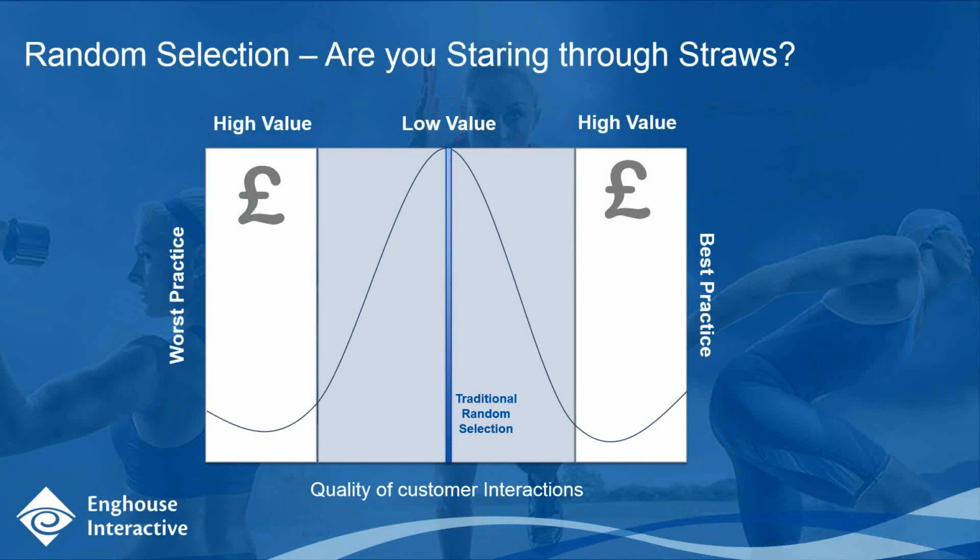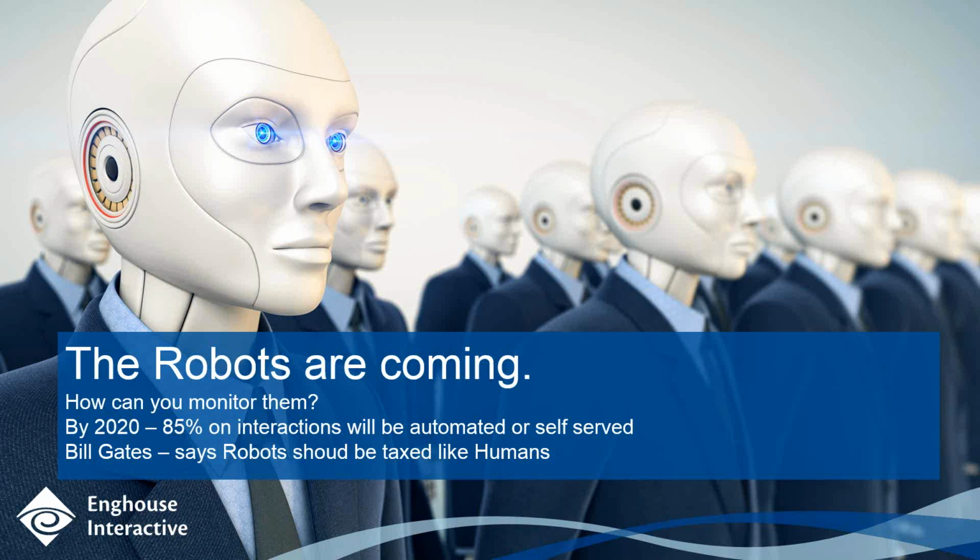One of the other dynamics that many of our customers are wrestling with, trying to come to terms with, is this whole concept of artificial intelligence, automated customer service, chatbots. How do you measure that? So Gartner, along with Forrester and pretty much every industry analyst, is saying in the next 2 to 3 years, around 85% of interactions are going to get handled through automated or robotic platforms.